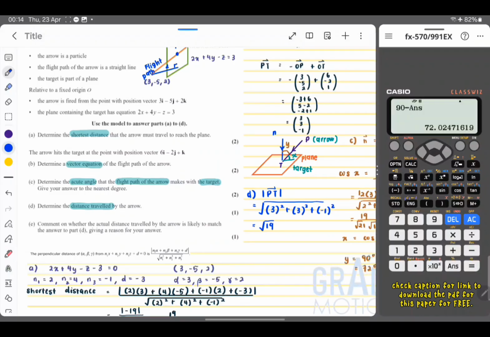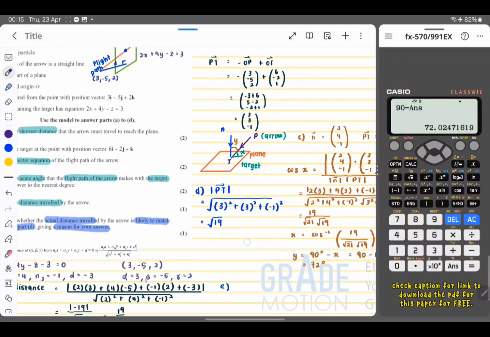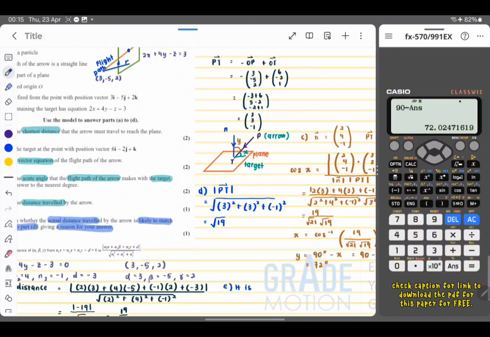E: comment on whether the actual distance traveled by the arrow is likely to match the answer to part D, giving a reason to your answer. Let's see for E. It is unlikely to match.